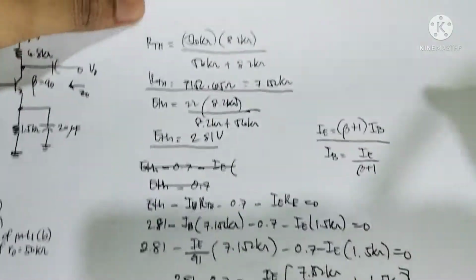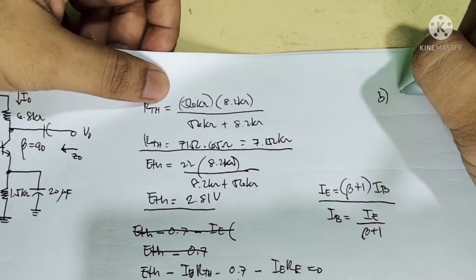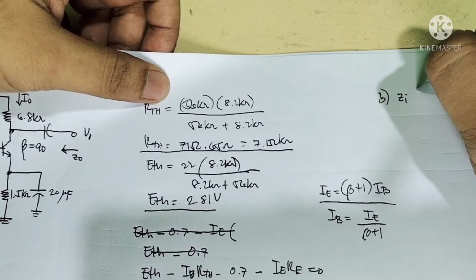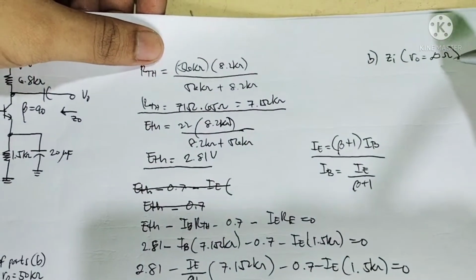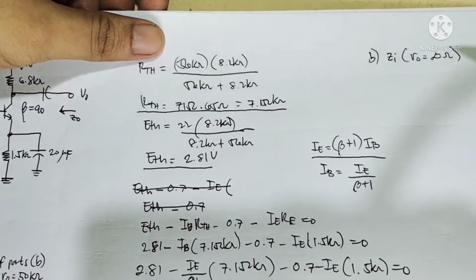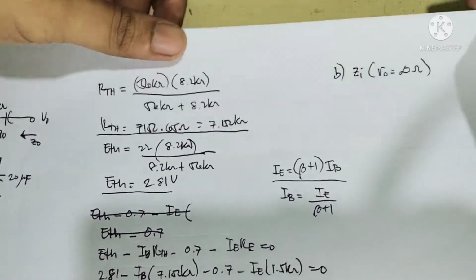So we have now r sub e, we can calculate letter B, which is the input impedance, where RO is equal to infinite ohms. As you can see, since this is infinite, it is 10 times greater than the RC.